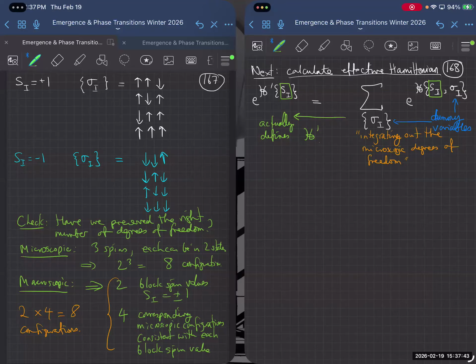And the point is, once I do that, I can then read off the renormalization group recursion relations for the coupling constants.